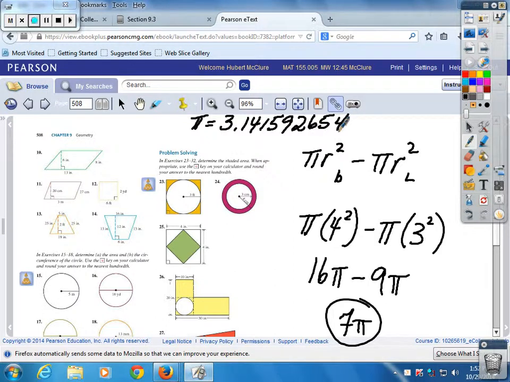Where I would cut it off is right here, if you just wanted to memorize it: 3.14159. That will give you enough digits to round to the 3rd or 4th digit if you needed to.